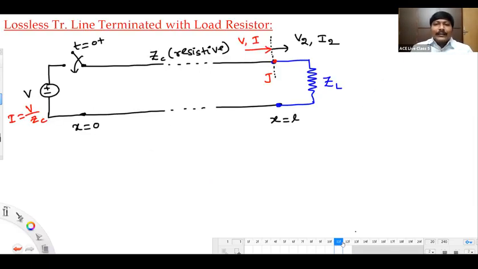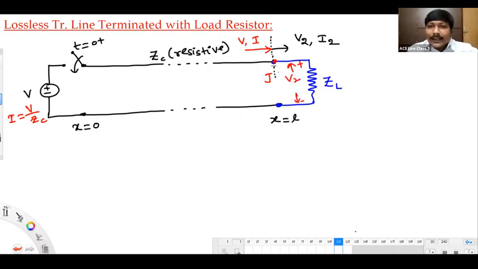See, in a similar way, the V comma I waves propagate towards the end of the line. The voltage wave propagating towards the end of the line reaches the junction. After reaching the junction, ZL and ZC are unequal. There is a change in the property of the medium. Because of the change, the resultant voltage is becoming V2.